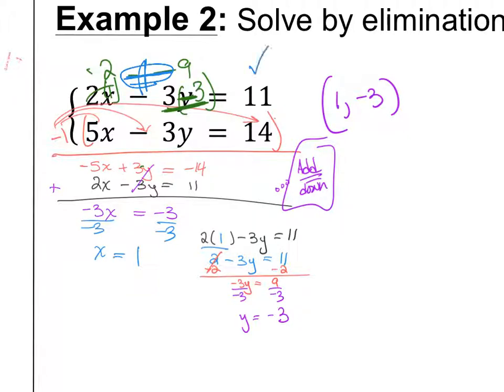So you know that it satisfies this one. Now we do it for the other one. 5 times 1 is 5, and minus 3 times negative 3, well, 3 times negative 3 is negative 9, but there's a minus in front, so 5 plus 9 is 14. So I know that this is my solution because it satisfies both the top equation and the bottom equation.